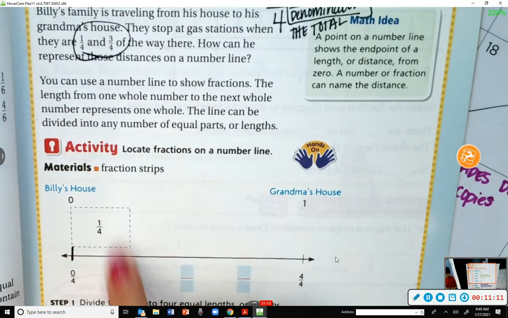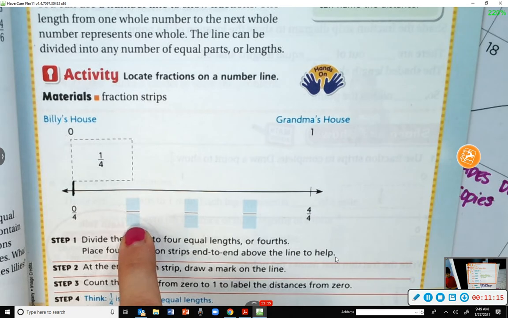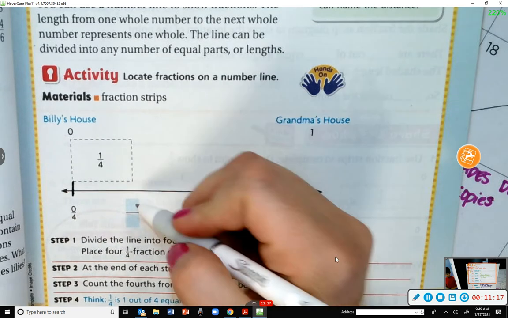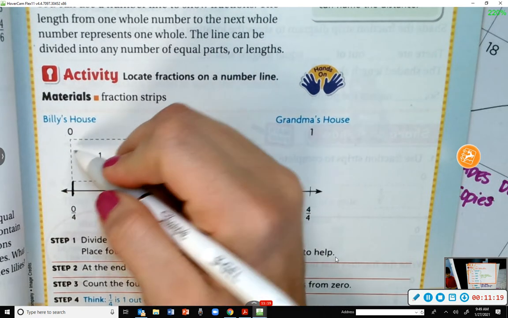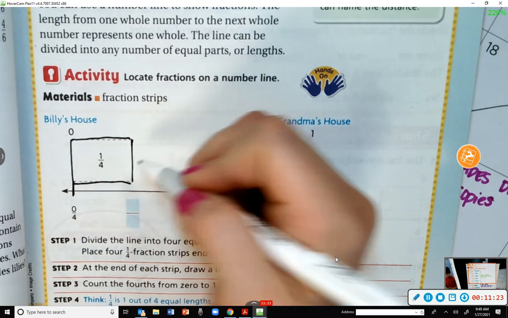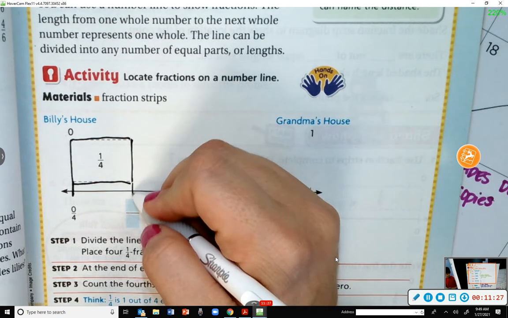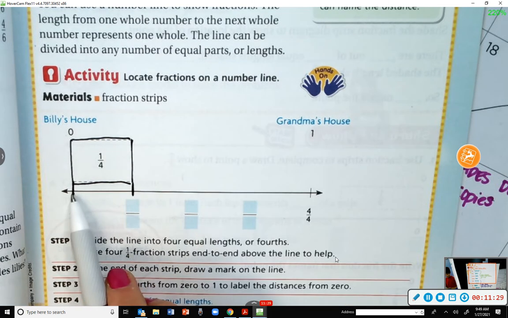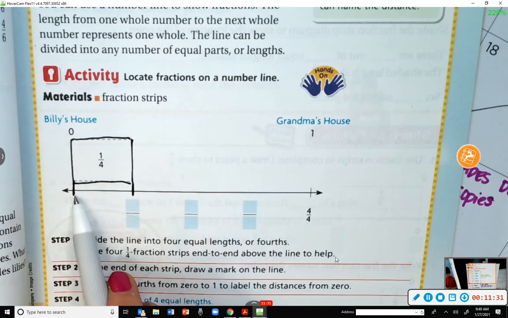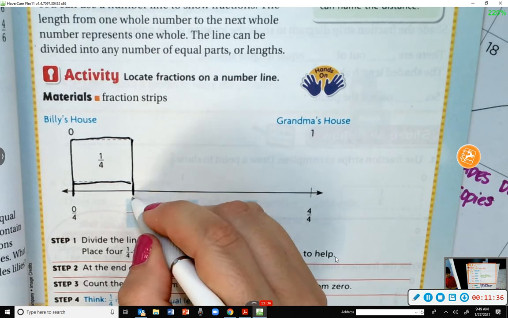Fourths. Okay, so the line is broken up into 4 equal parts. Okay, so here's one part. I'll trace around this box. That's 1/4. Okay, so this whole piece from 0 to the next box would be 1/4.